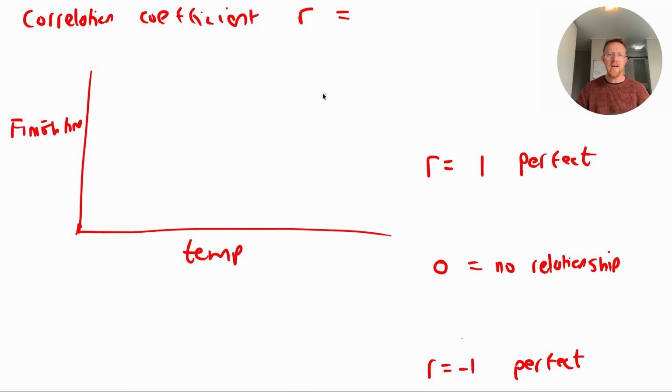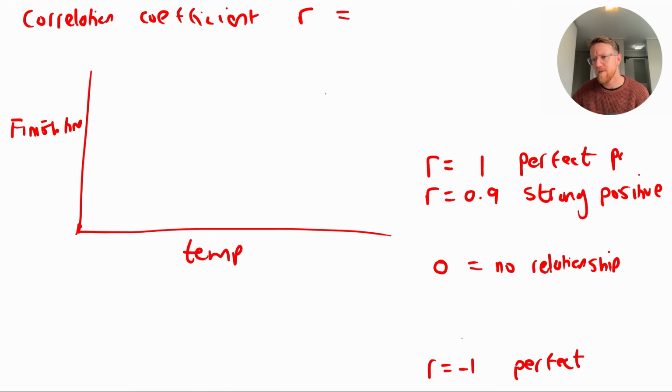Now moving on, different textbooks explain this differently, but as an example, in some textbooks you'll get something like this. If the R value is 0.9, that is still really good. We call that strong, and this one would be strong positive. This is also perfect positive.